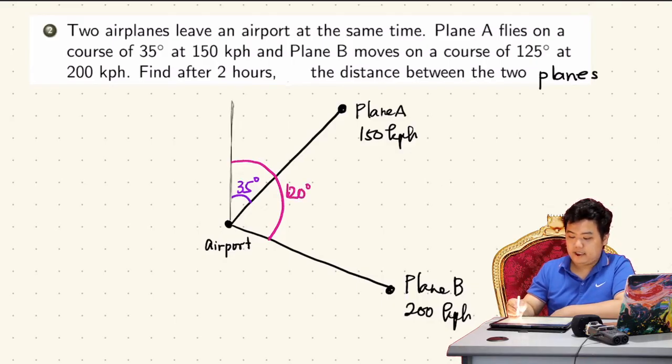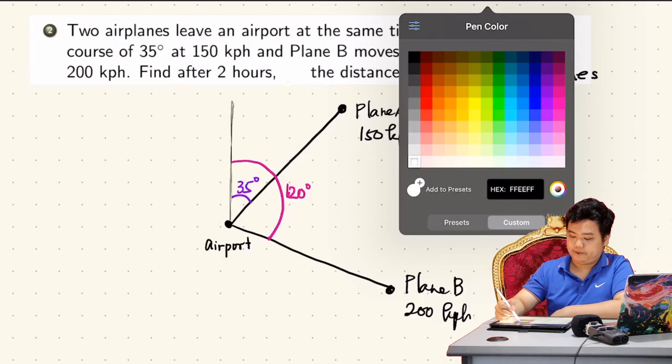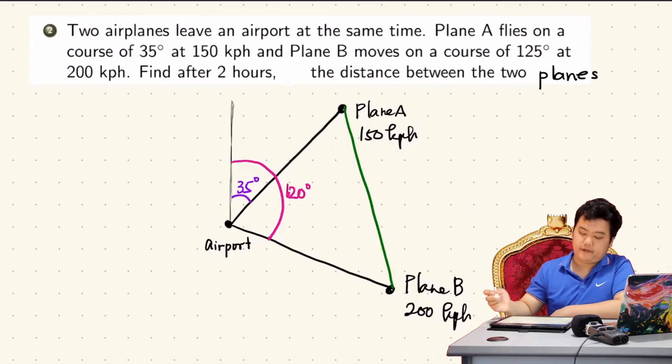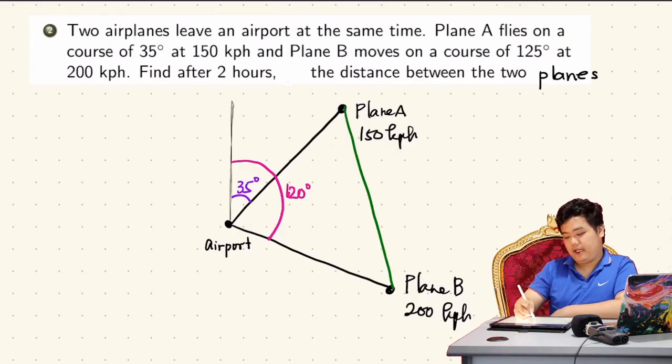So, ang tanong sa atin, after 2 hours, find the distance between the two planes. So, hinahanap ito. Iba natin color. Green. Okay. Itago natin sa pangalan na C, the distance after 2 hours.